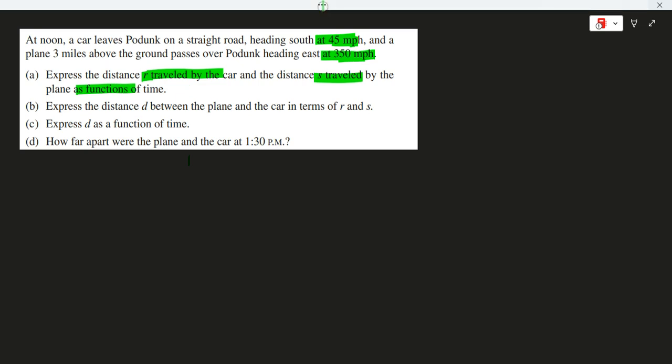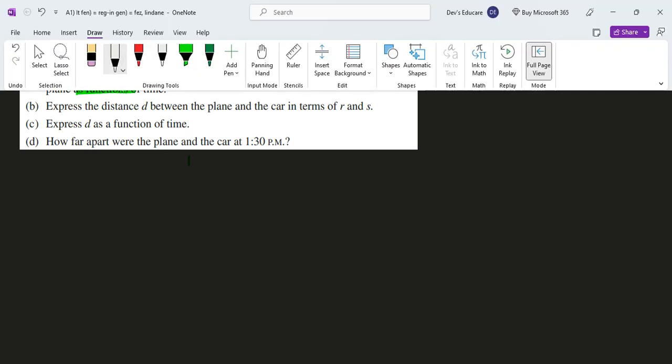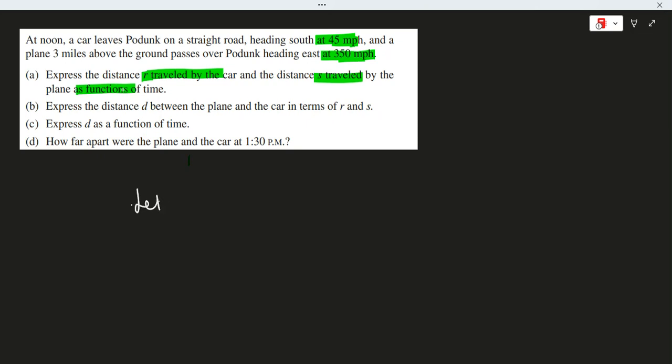So let the time taken by the car be t hours.